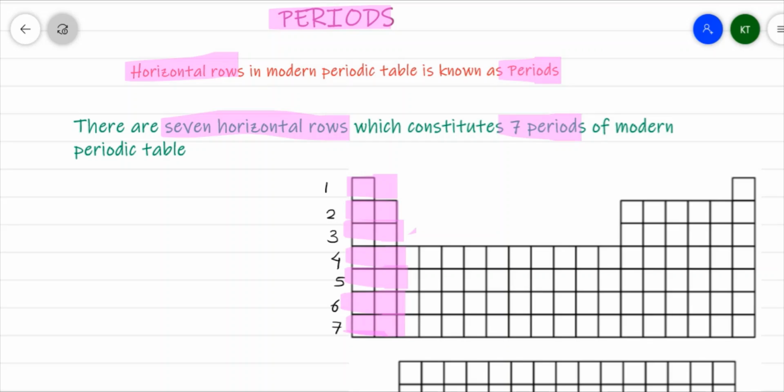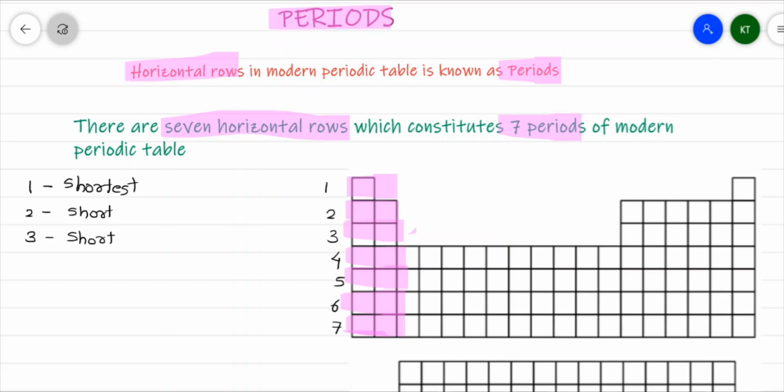Now we have designated some names to those specific periods. The first period, we call it the shortest period. The second period, we call it a short period because it consists of 8 elements. The third period is also called a short period of the periodic table.